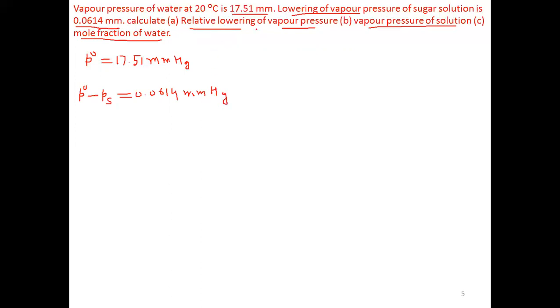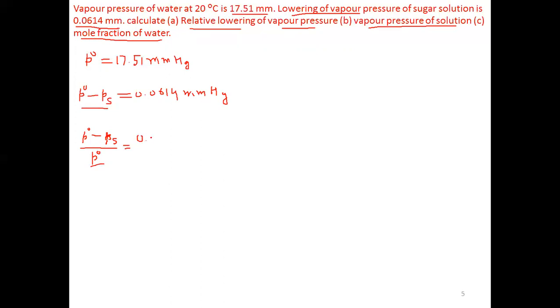Now what else we have to calculate? First thing, calculate the relative lowering of vapor pressure. Relative lowering of vapor pressure is given by P naught minus P S divided by P naught. Now P naught minus P S is given, and P naught is also given. You just have to put the values.